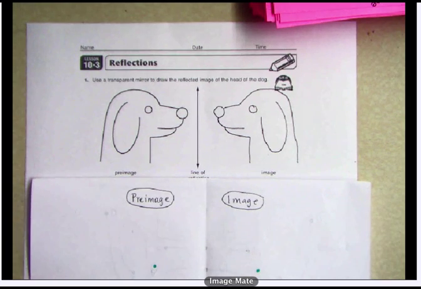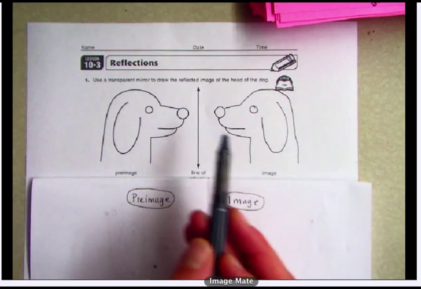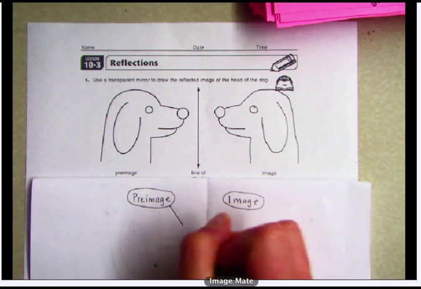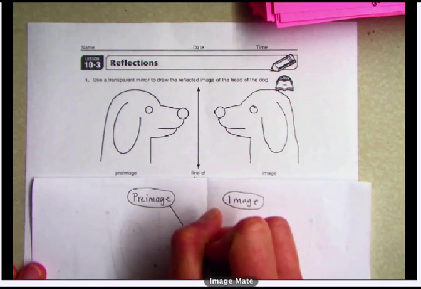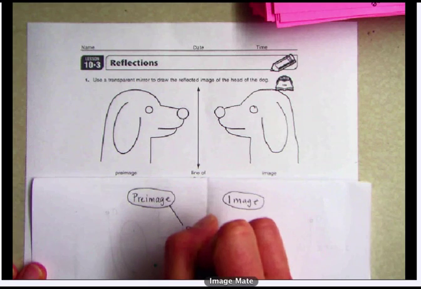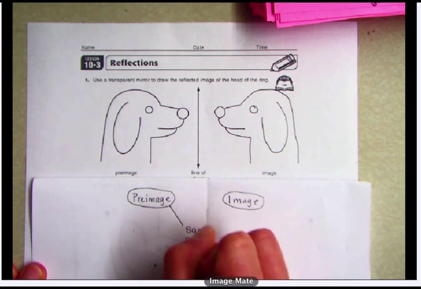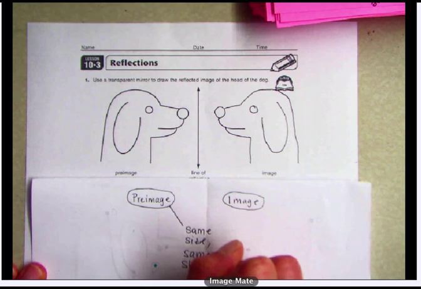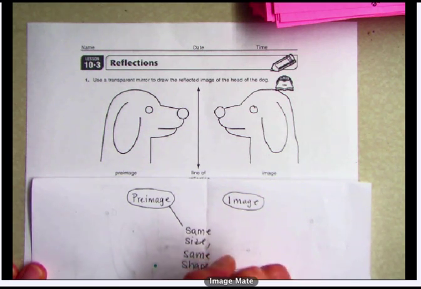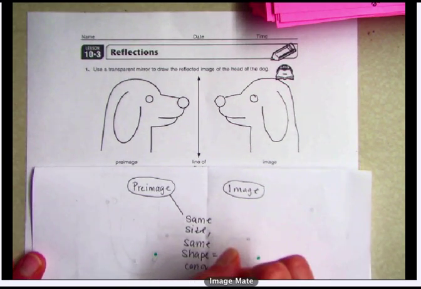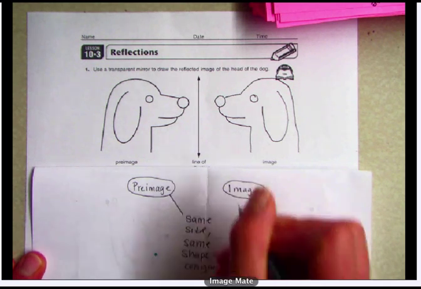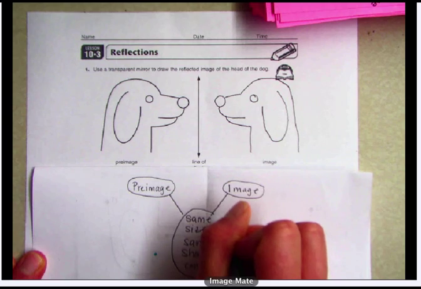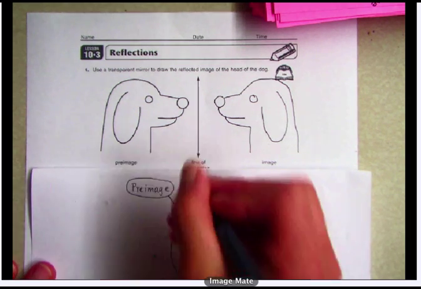They both look the same, that's for sure. These are congruent images. They're the same size, same shape. They're congruent. And they're also the same image.